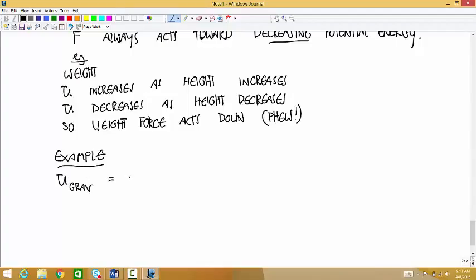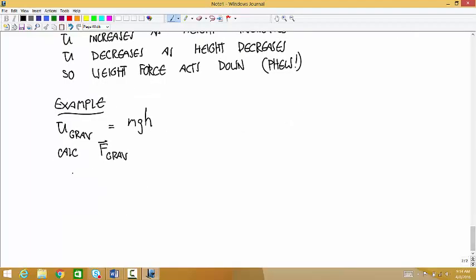So the gravitational potential energy is mgh. So we're going to calculate the force vector due to gravity. Fx is negative the derivative of U gravitational with respect to x.